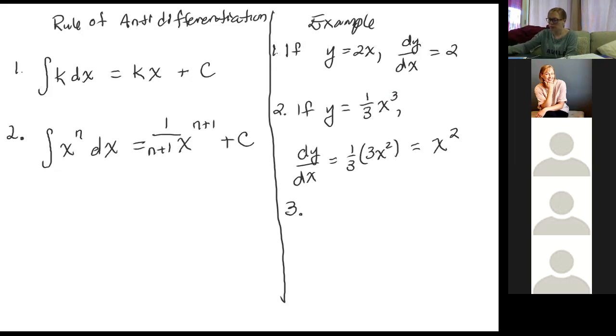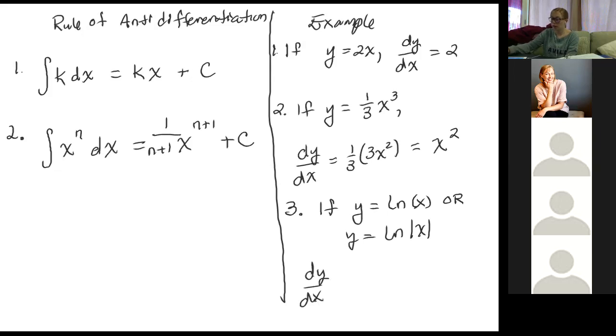Again, I'm going to start with a derivative and then work backwards. Let's say I'm given the function y equals natural log of x, or y equals natural log absolute value of x, and I want to find the derivative of those. Then dy/dx in either case is equal to 1 over x, which I could write as x to the negative 1 if you prefer.